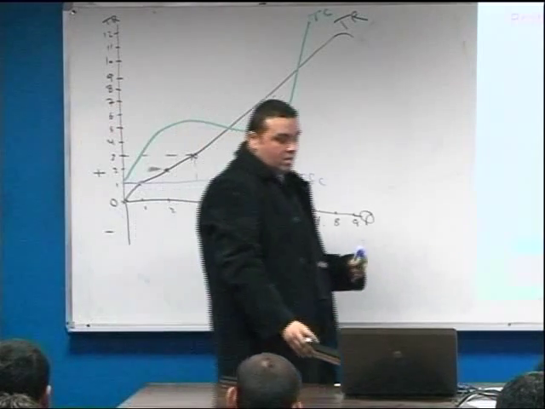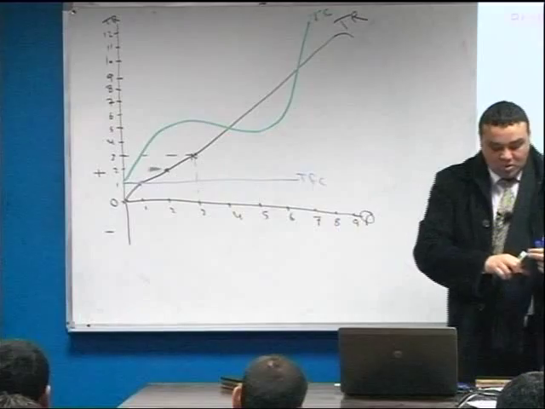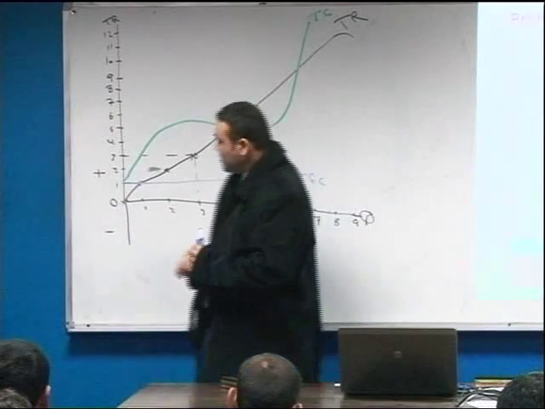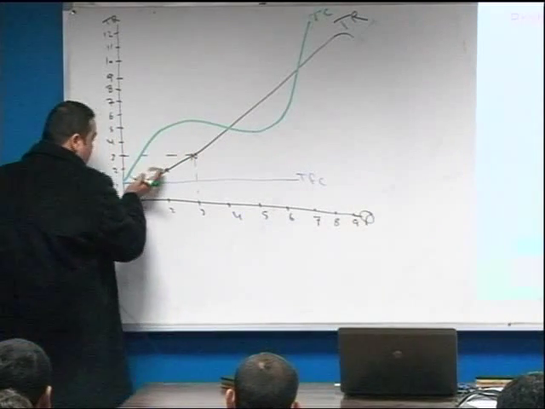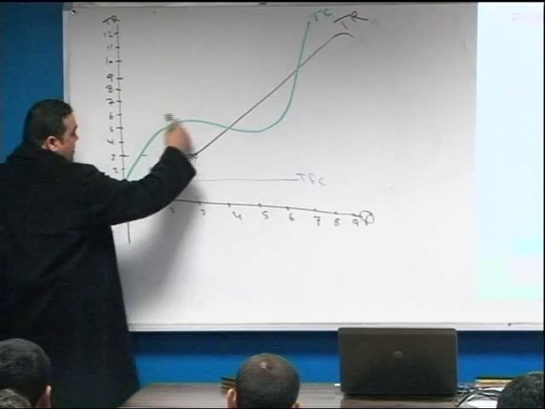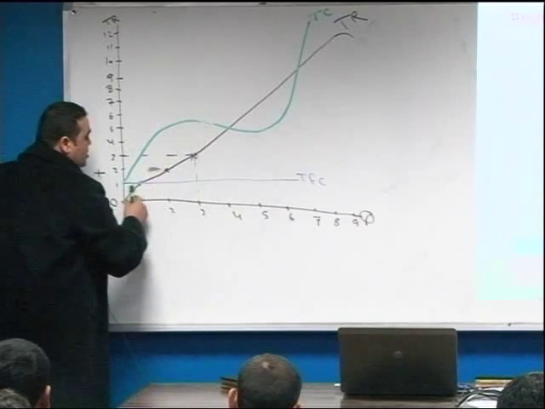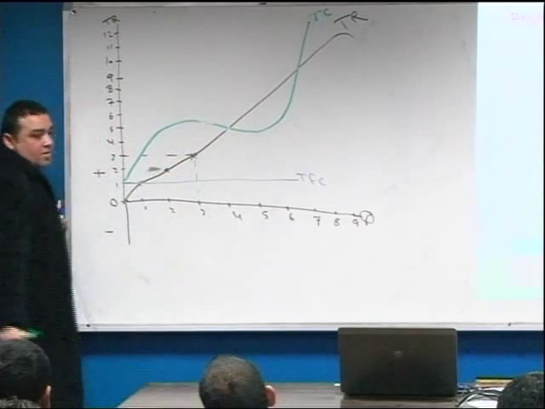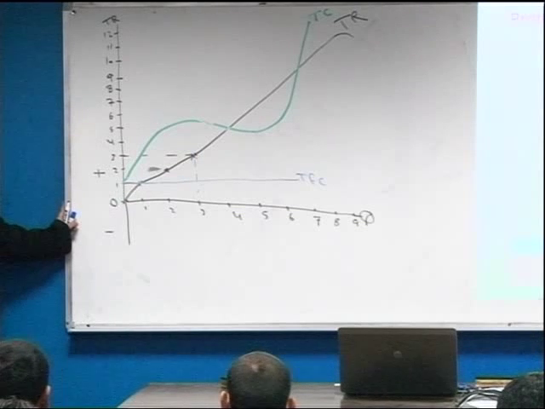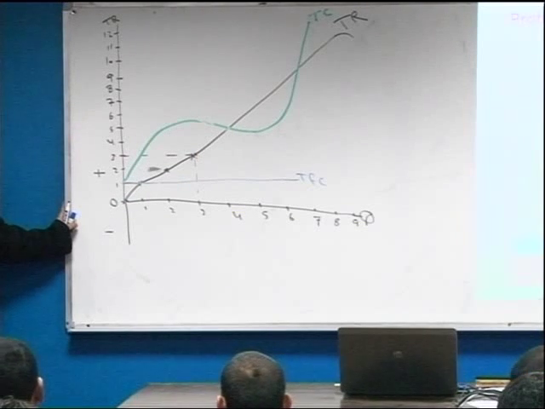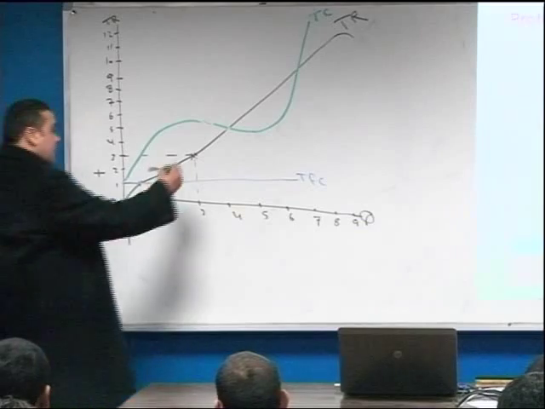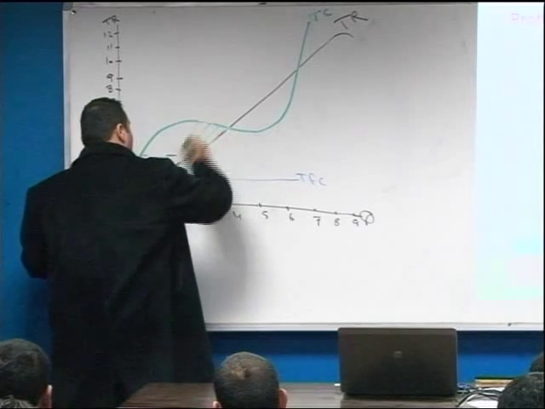So as you see, in this area, the total cost is larger than the total revenue, right? So is there a loss or profits? In this case, there is a loss.